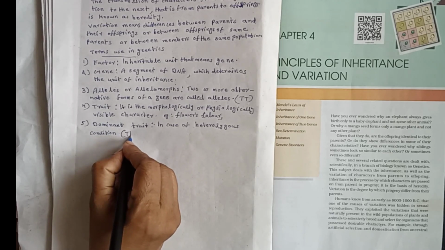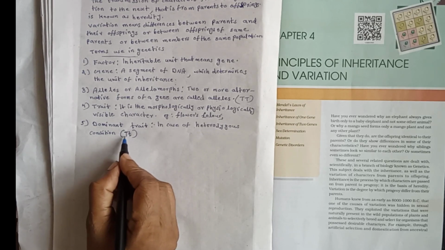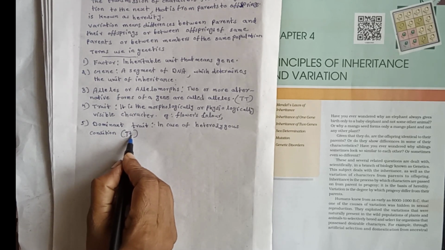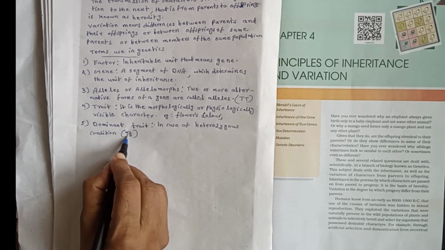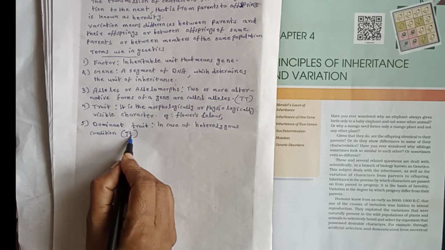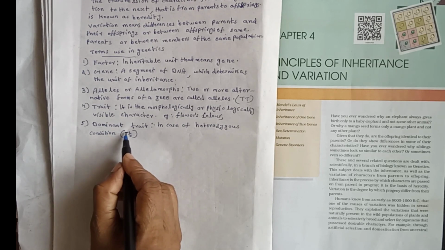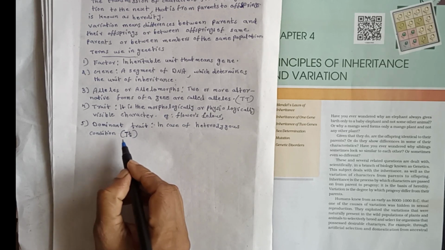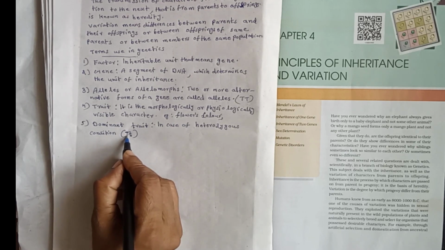Example, this denotes the heterozygous condition of the height of the plant, tallness of the plant. Here one dominant and one recessive gene represent the height of the plant. But the morphology of this plant is tall, that is, the outward feature is tallness.